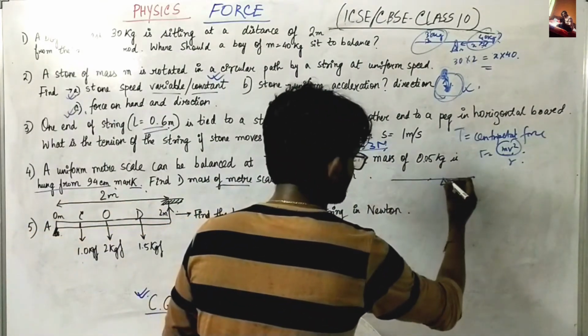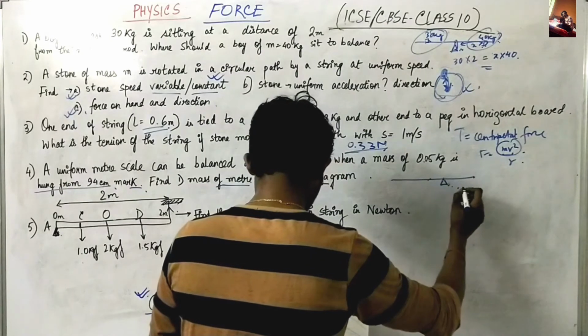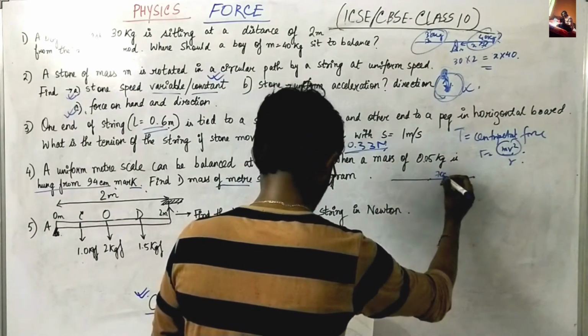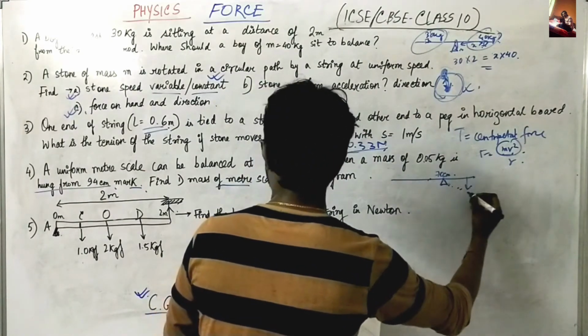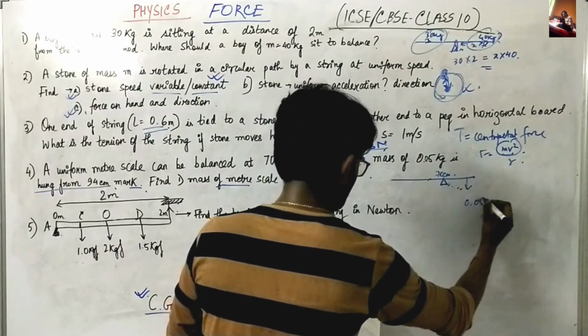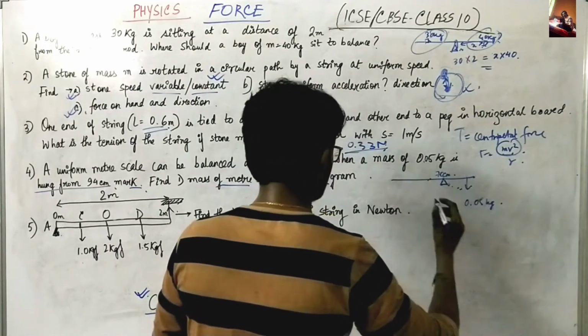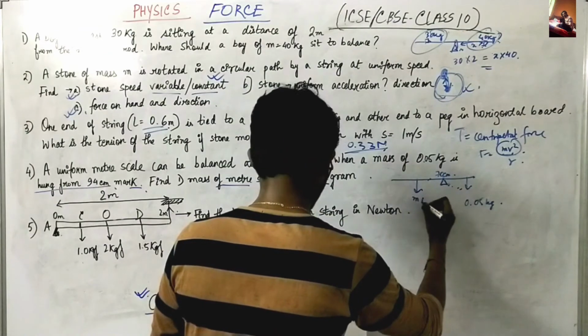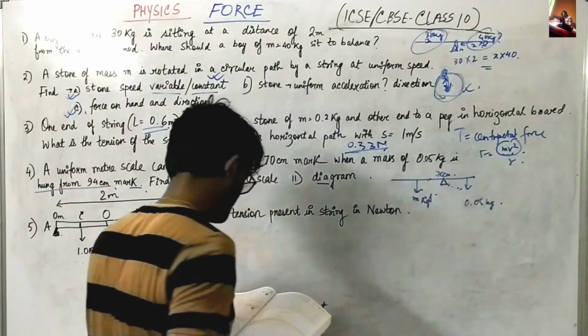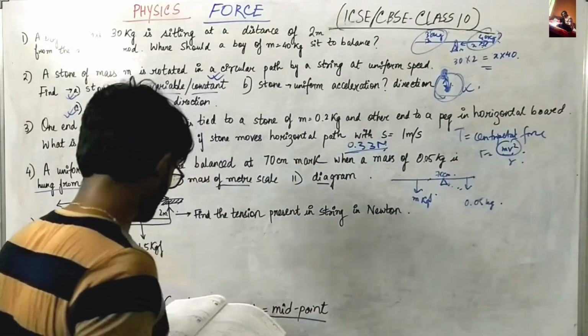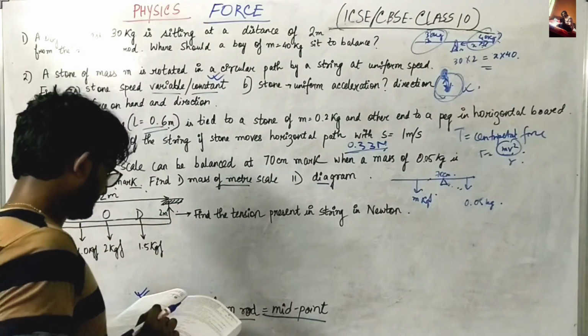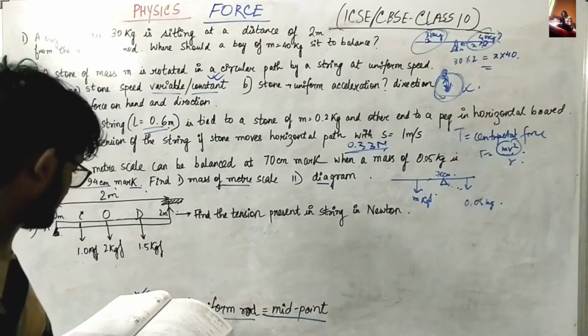So this is the balance happening over here. So this is 70. Over here the weight is 0.05 kg, and from over here I am taking a mass of kilogram force in order to balance the system, in order to place it in equilibrium.